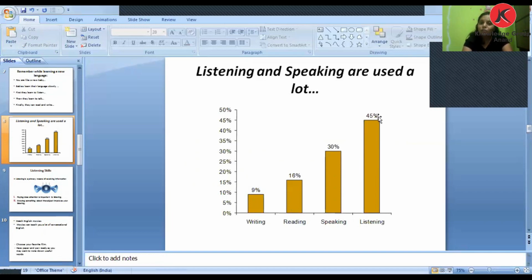So are you doing this according to this percentage? Please ask yourself. Are you doing 45% of listening, 30% of speaking, 16% of reading, and 9% of writing? Please ask yourself. And if you are not doing like this, then you are going the wrong way.